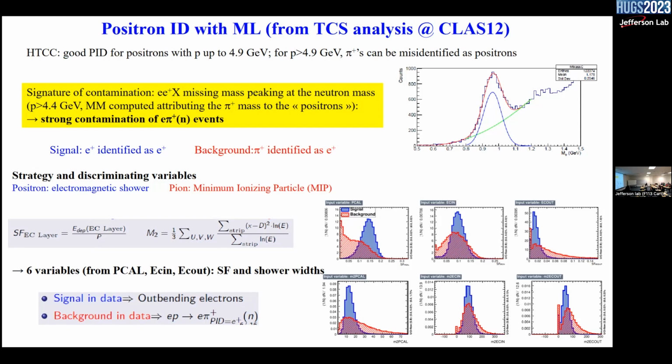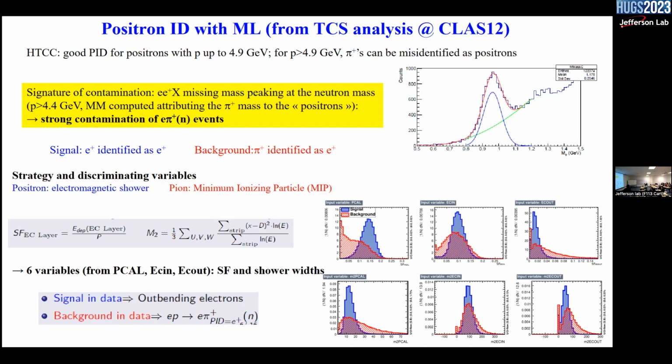So as TCS needed events also beyond that, we knew there would be a contamination. By looking at the way the data processing gives you the PID, when it tags something as a positron, we figured that there was a strong contamination in the positron sample.